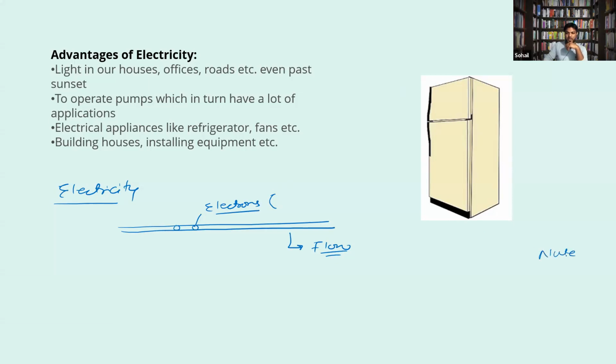Make a small bracket in your copy and note this important thing down. That in an atom, you get to see that there are several subatomic particles in an atom. Atom हमें पता है, it is the smallest particle of a substance, right? कोई भी substance हमारे पास, उसके smallest particle को हम atom कहते हैं.